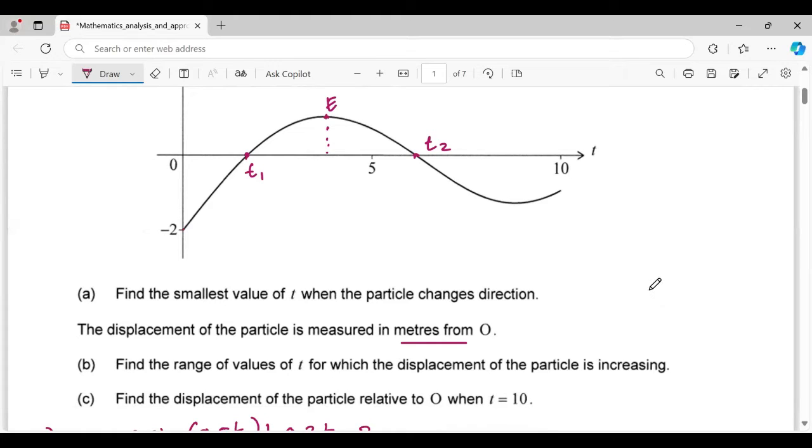So in the calculator, this is 1.688. And this t2 is 6.11.